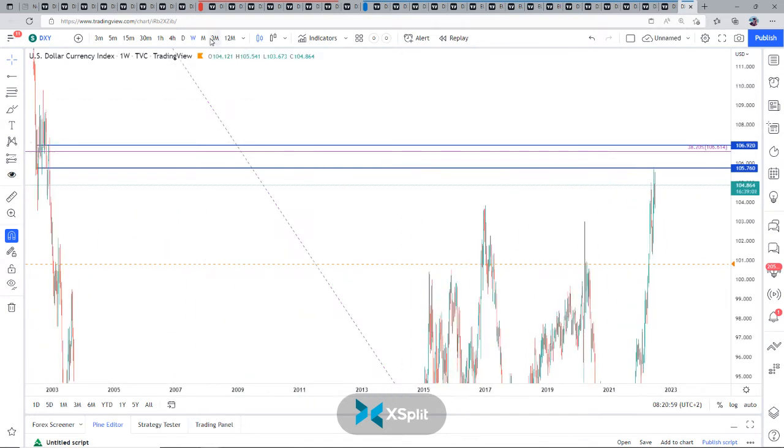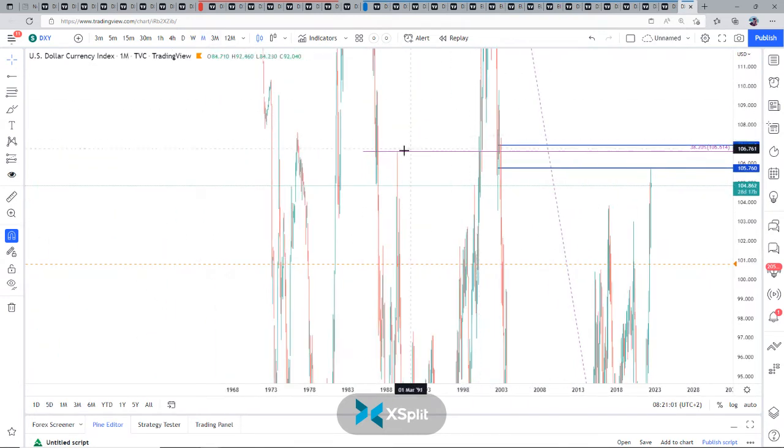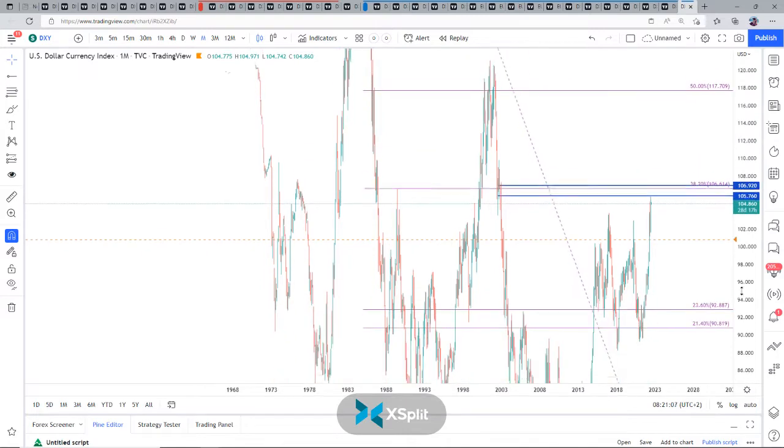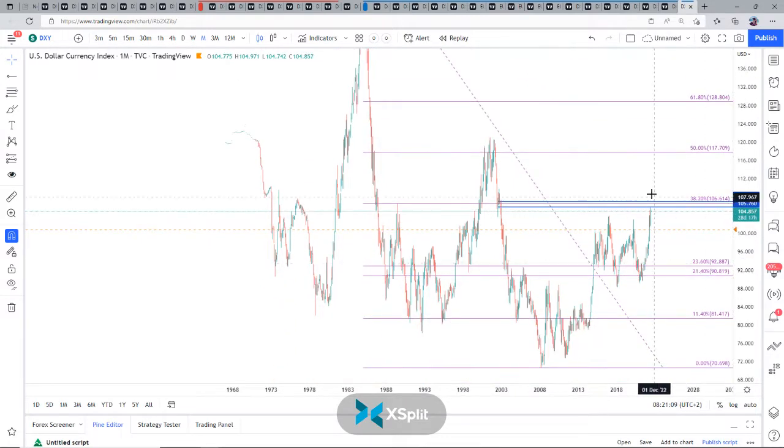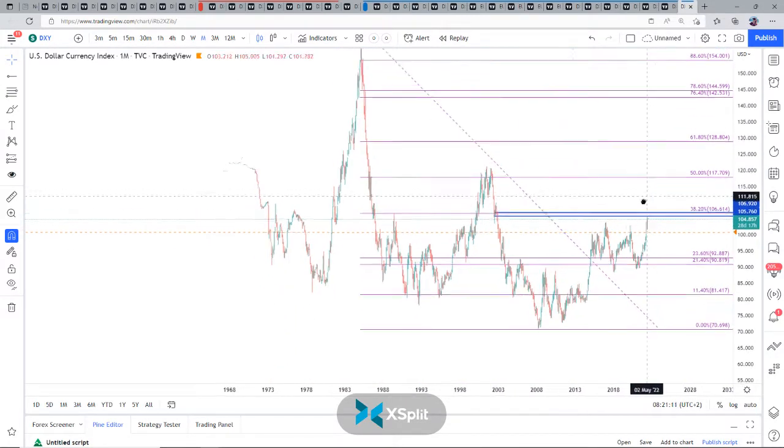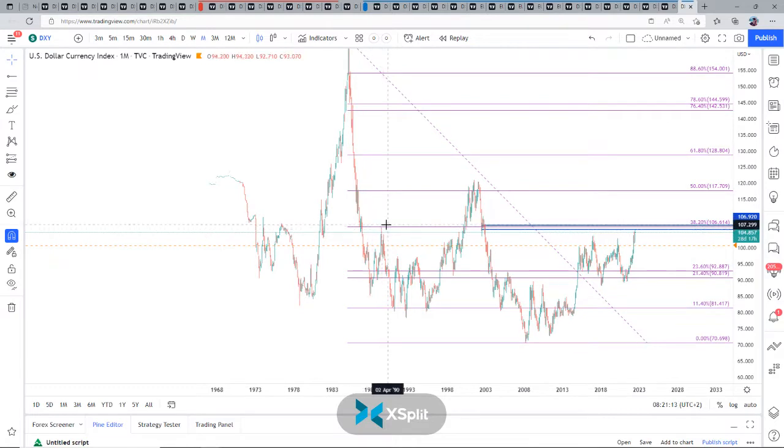And if we look back, always look, you see how this spike here stopped right on what is today the 38 or 61.8. It's exactly the same thing at the end. So you see this is a very strong reaction in this area.